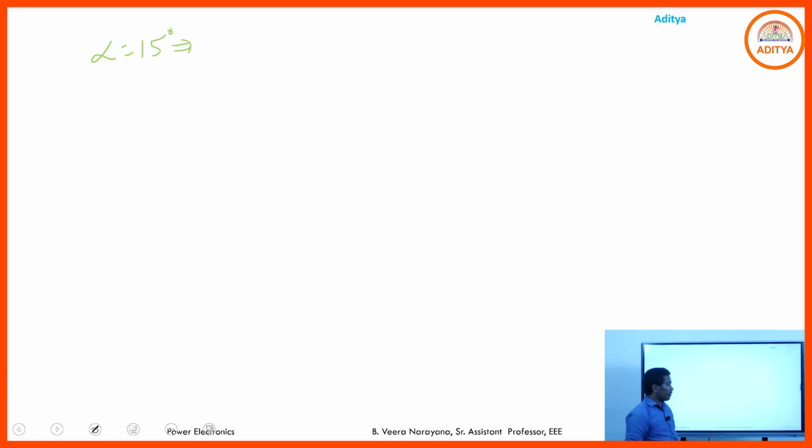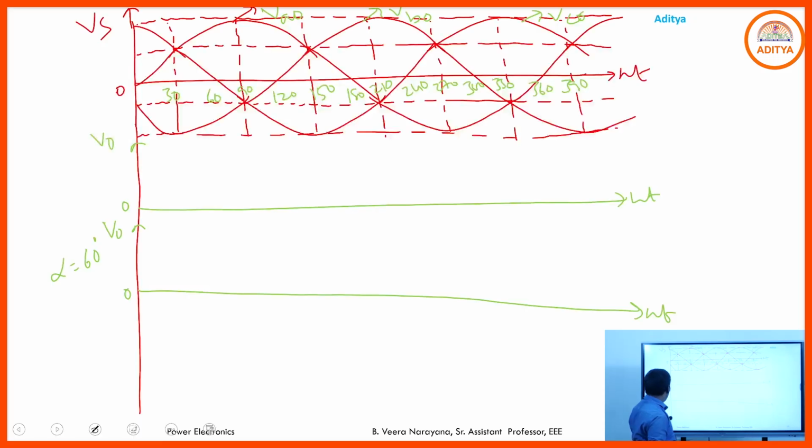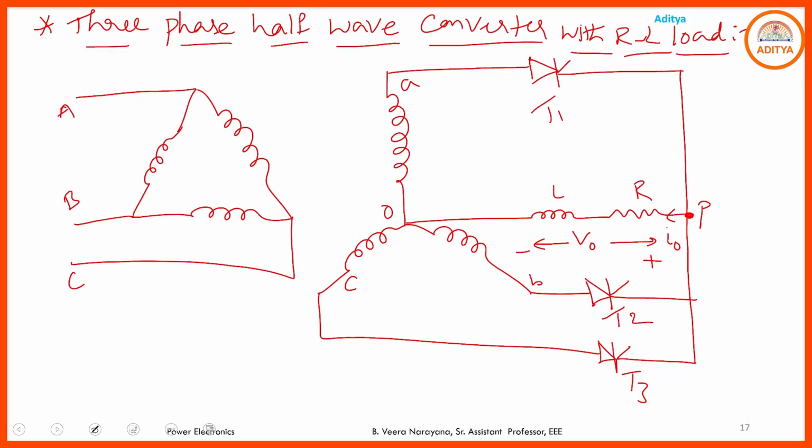If you go through the three-phase half-wave controlled converter with RL load, this is the circuit diagram. It consists of one isolation transformer whose primary winding is connected in delta fashion and secondary winding in star fashion.